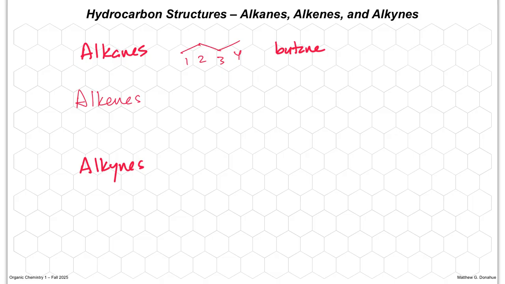I'm going to remove them and then form a pi bond in their place. So now that's an alkene, and the name changes to 1-butene.